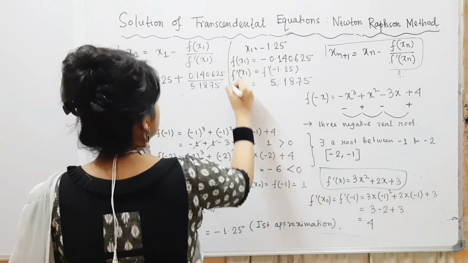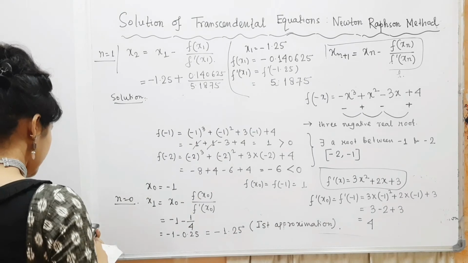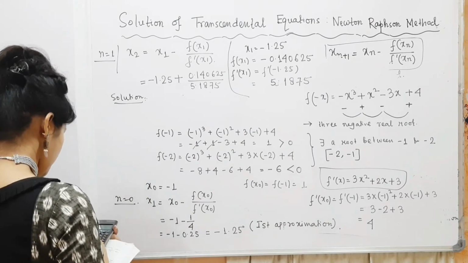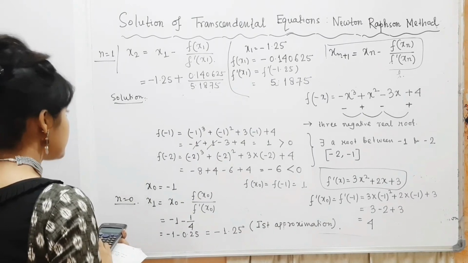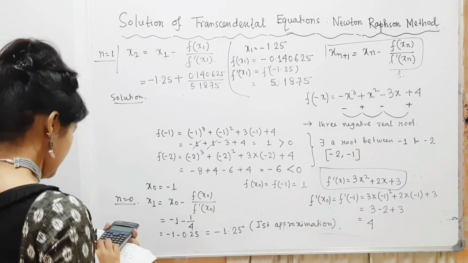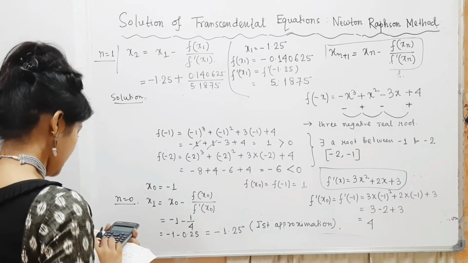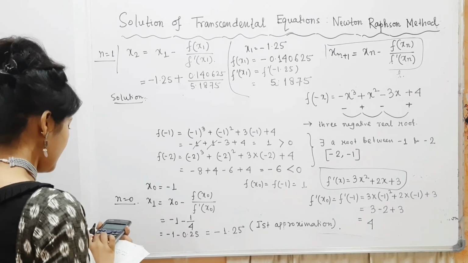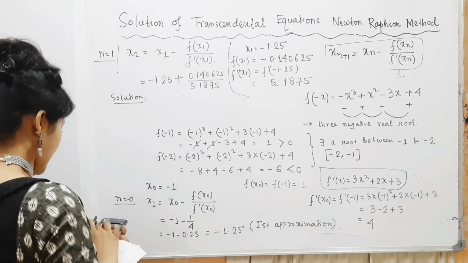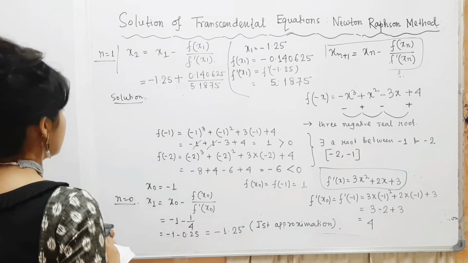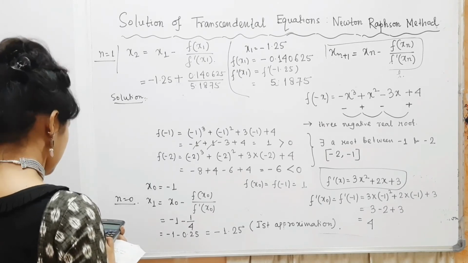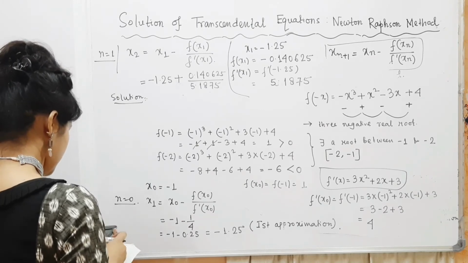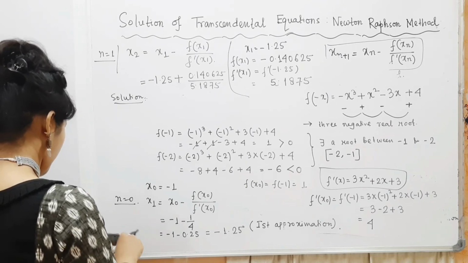Now I am calculating this. So therefore 0.140625 divided by 5.1875. Okay. This minus 1.25.